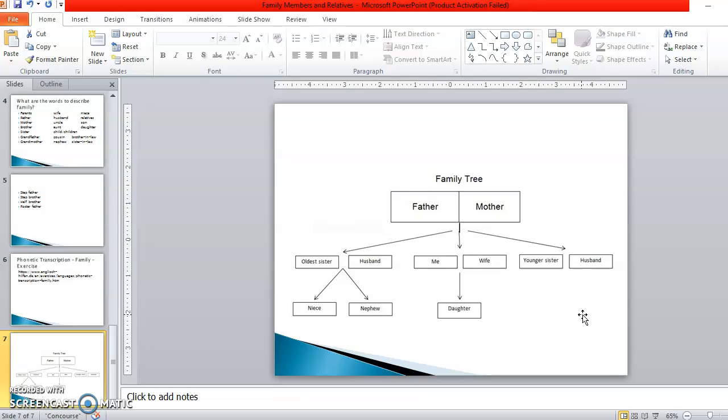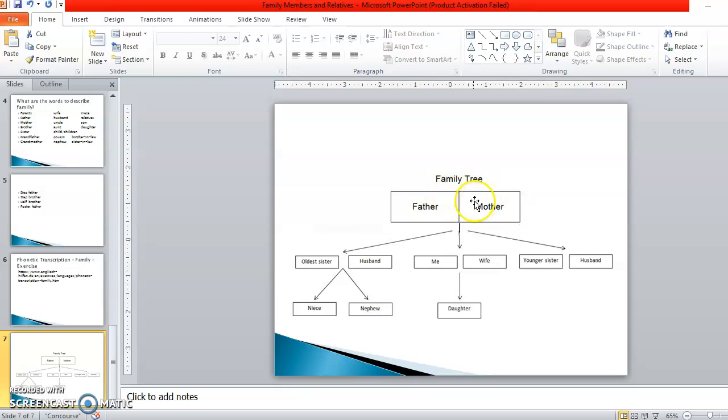Okay, let me give you an example. Hello everyone, this is my family tree. I have a father and a mother. My father is 60 years old and my mother is 54 years old. So my mother is much younger than my father, of course.